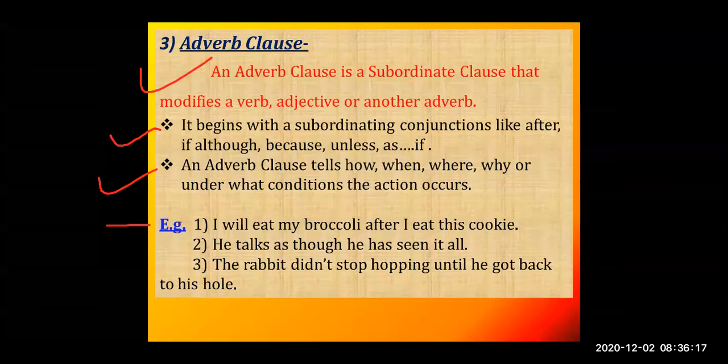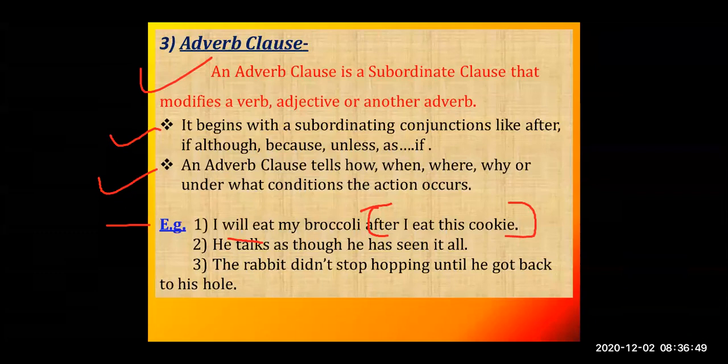So "after I eat this cookie" is your adverb clause modifying the verb will eat. It is a subordinate clause, so it starts with a subordinating conjunction, and will eat is your verb, which the clause is modifying.